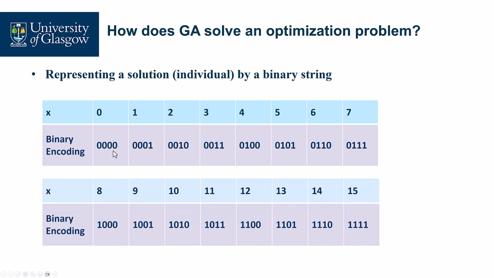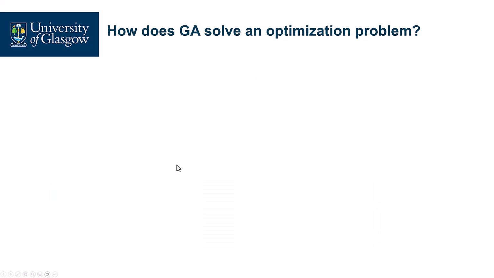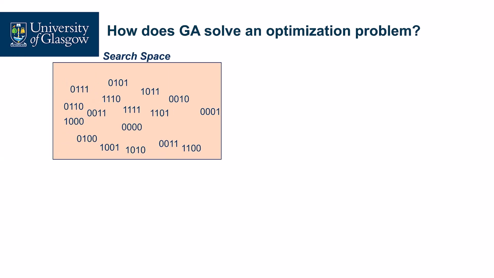So we can see from 0000 to 1111, these are from 0 to 15. And the optimum is here, 1000, right? Now we will see whether GA can generate this optimal solution or not, because GA doesn't know this solution beforehand. So here is the search space.